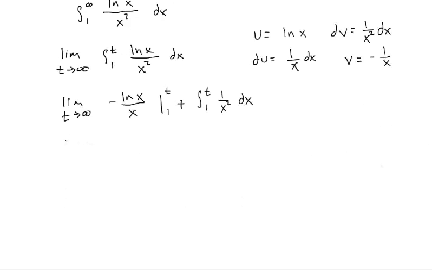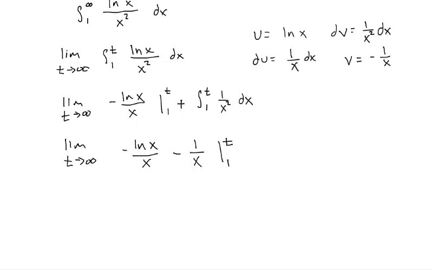And now we're going to rewrite everything and integrate 1 over x squared. So the limit as t goes to infinity of negative ln of x over x, and the integral of 1 over x squared is minus 1 over x evaluated from 1 to t.